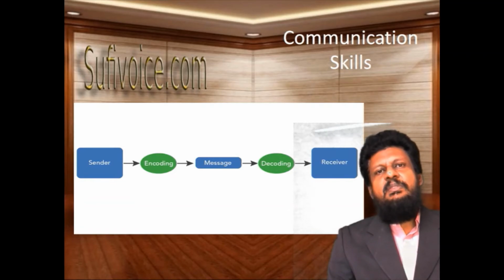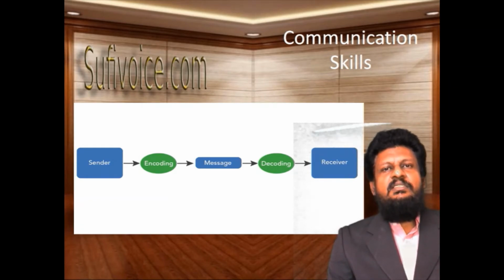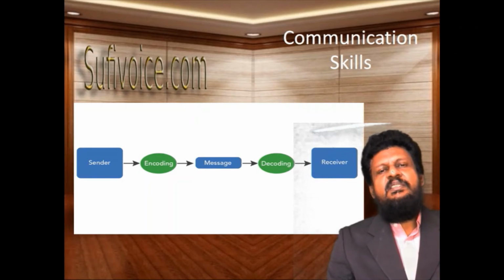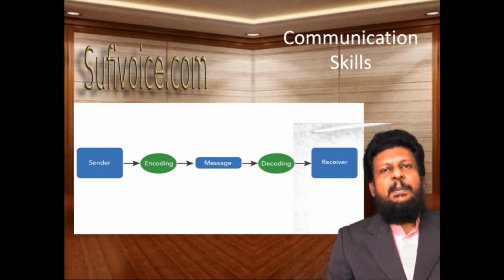He will take the help of sounds. He changes his thought process into sounds, converts it into a message and sends it to B, who happens to be the receiver. Now, what does B do? B listens to the sounds, decodes those sounds and understands the message that was sent by A.